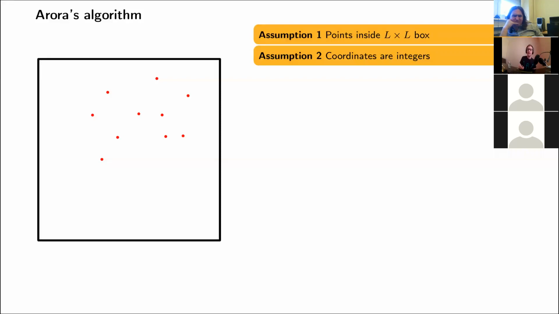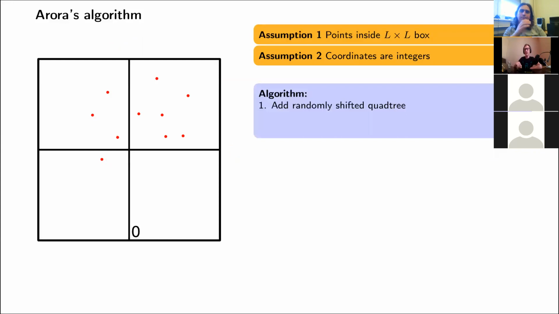To assume this, we basically move the points slightly with something called snapping to the grid, so that the coordinates are integers, and then we can assume they are inside this L by L box, such that this is an n over epsilon grid, basically. So these are the two assumptions that we have right now.